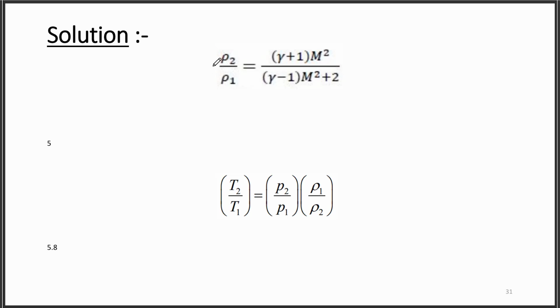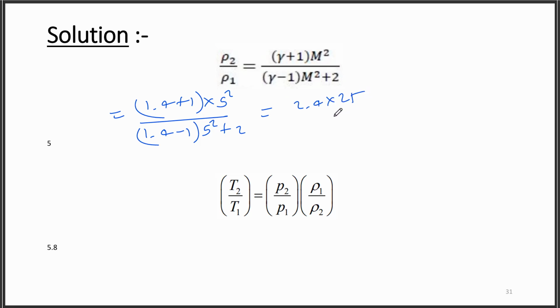Now if in this rho2 upon rho1 formula we put M equal to 5, then we get (1.4 plus 1) into 5 square upon (1.4 minus 1) into 5 square plus 2. So this will become 2.4 into 25 upon 0.4 into 25 plus 2. This will come 60 upon 12, which is 5.